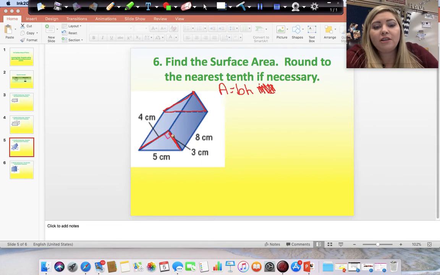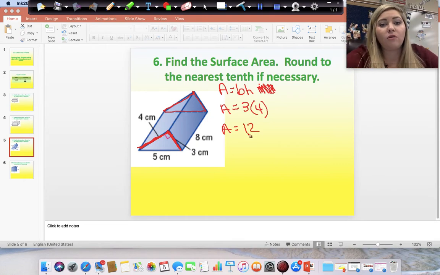So if you find the base and the height for this triangle, which is 3 and 4, you can just multiply those together. Okay? Now, aside from the two ends being triangles, you have 3 rectangles in a triangular prism.